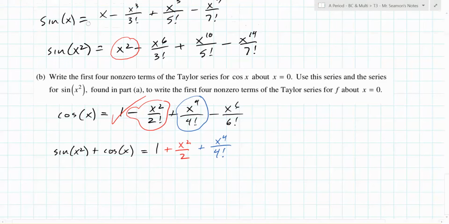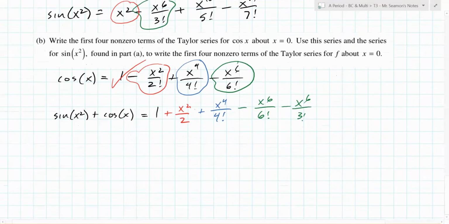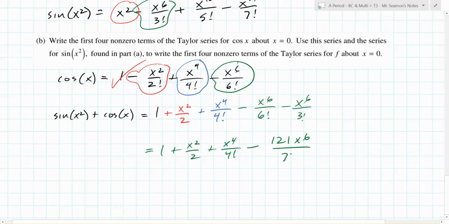But then you need the next term, and that's going to be this and this. And this is where I was terrible at math. Just to show you my glory, I did this. I was like, oh, that's 720 and that's 6, so that must be x to the 6th over 726. Yeah, don't do that. What do you need to subtract fractions? You need a common denominator, right? So in order to build a common denominator, as far as I remember, you end up with minus 121 x to the 6th over 720.